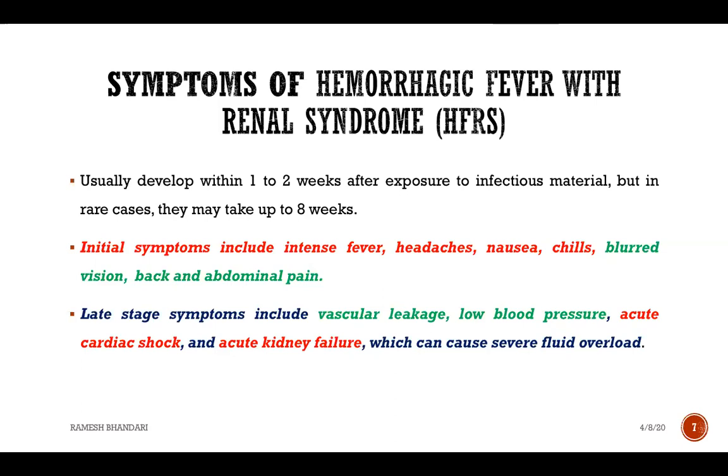But in the late stage of the disease, the person will develop vascular leakage, due to which there will be a decrease in blood pressure. If there is a decrease in blood pressure, what will happen? The person will undergo cardiac shock. In severe cases of the disease, the person will develop acute kidney failure.